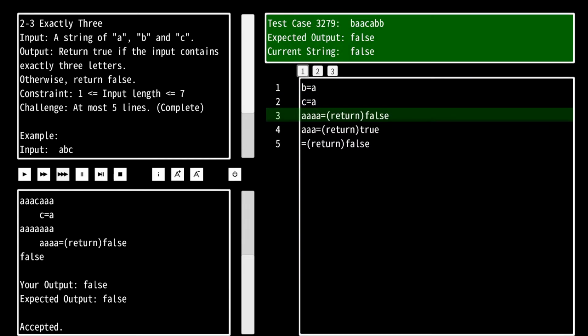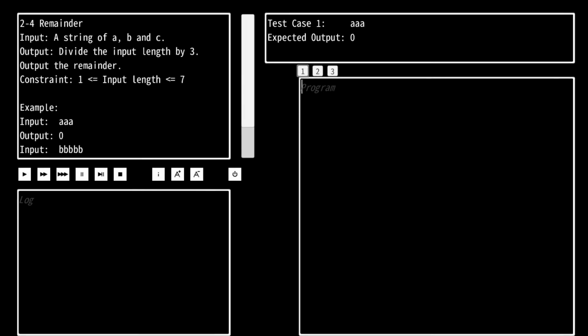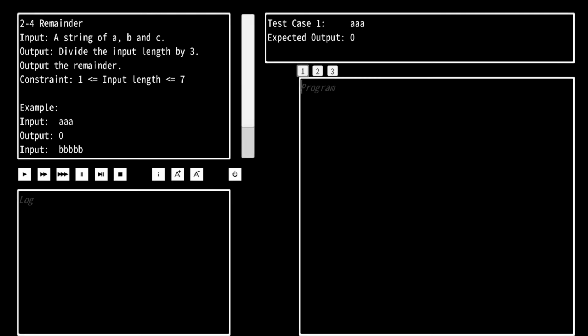Can't regular 2x, huh? Remainder. Divide the input length by 3, output the remainder. Okay. This is quite interesting.